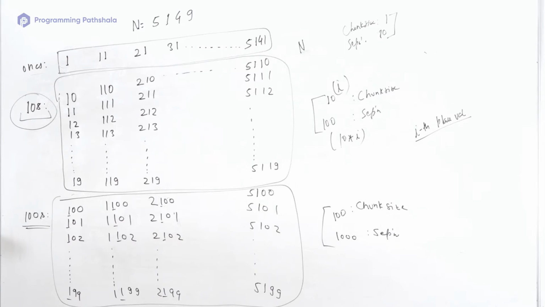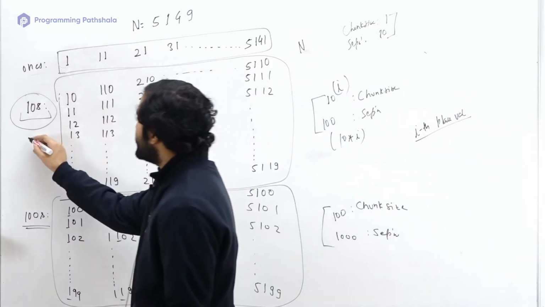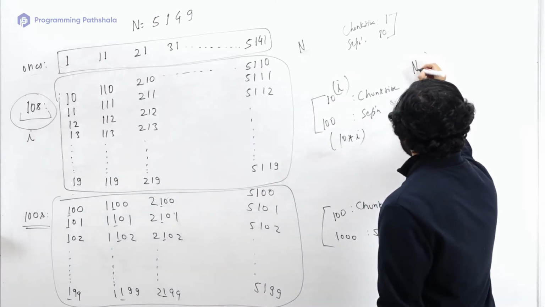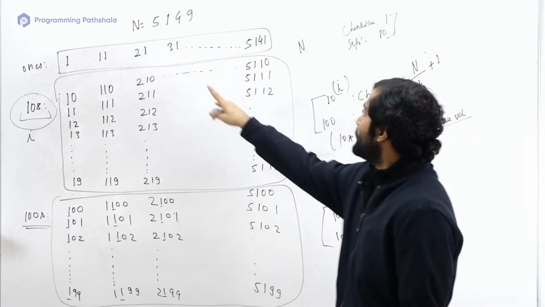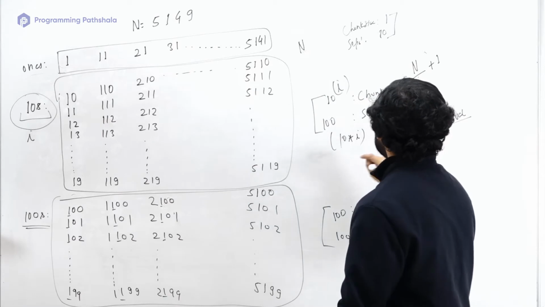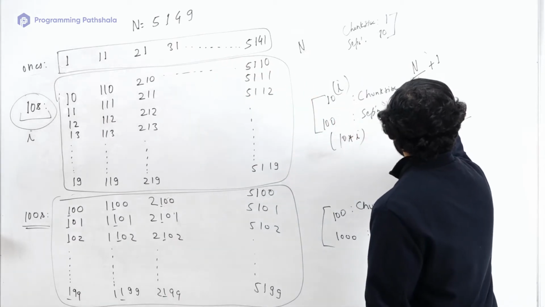So that's an important point to understand. You can generalize it in this manner: if you are concerned about ith place value, then the number of chunks will simply be equal to n upon the separation, plus 1. So 51 upon, basically it will be 10 into I. Why 10 into I?